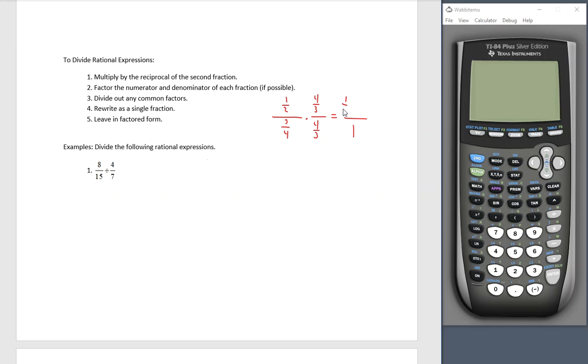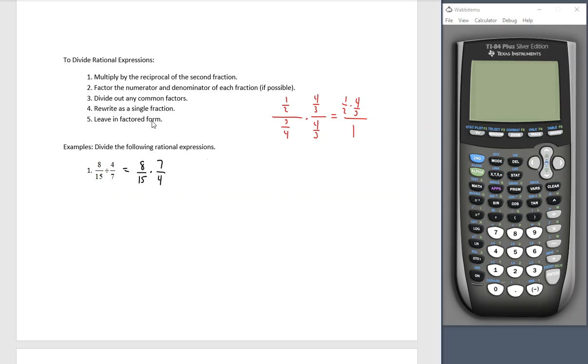And what I've done is I've turned this numerator into a multiplication problem. What did I do? Instead of 1/2 divided by 3/4, I've now written it as 1/2 times 4/3. That's why we multiply by the reciprocal of the second term. It's the divisor. So my first step in this problem will be to rewrite it as multiplication.